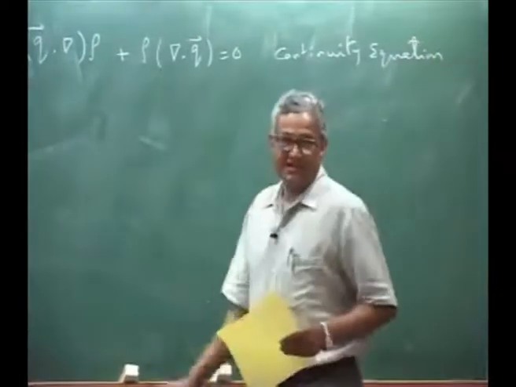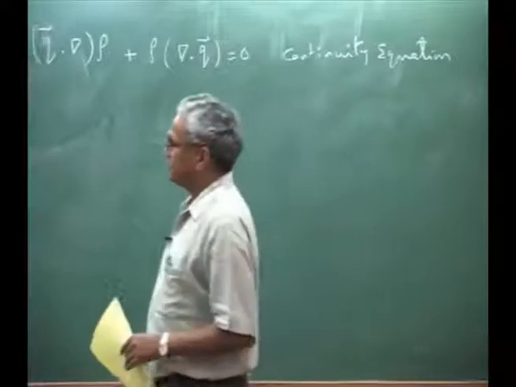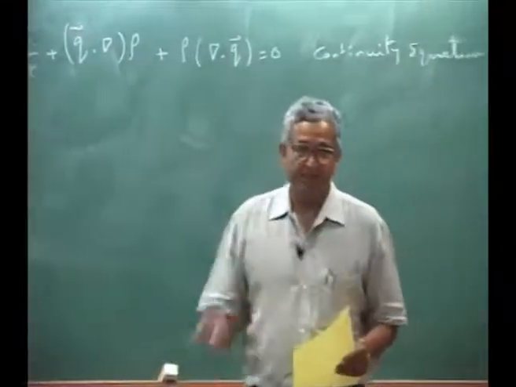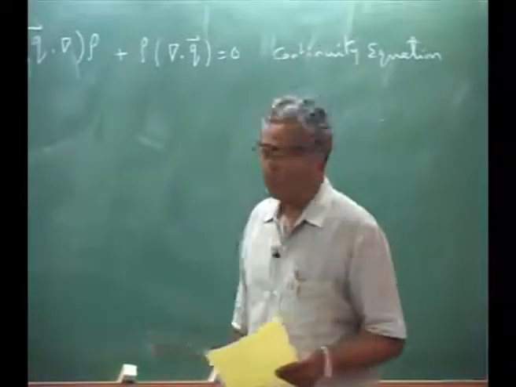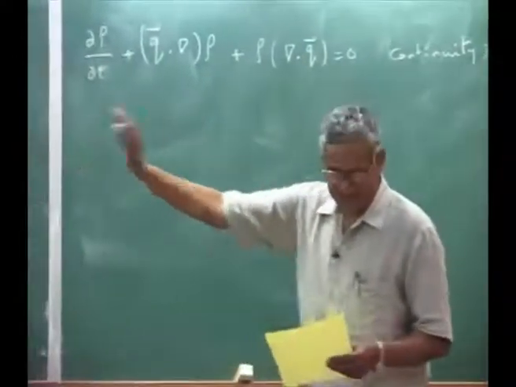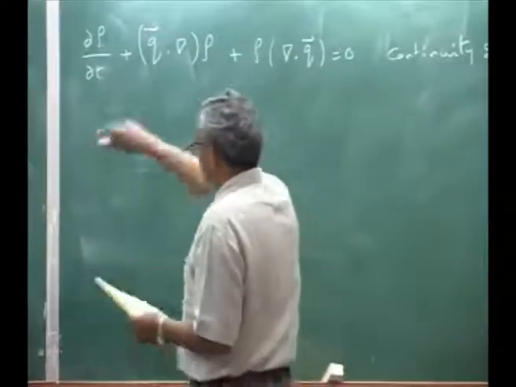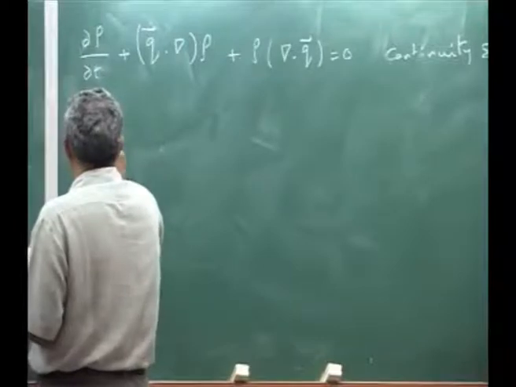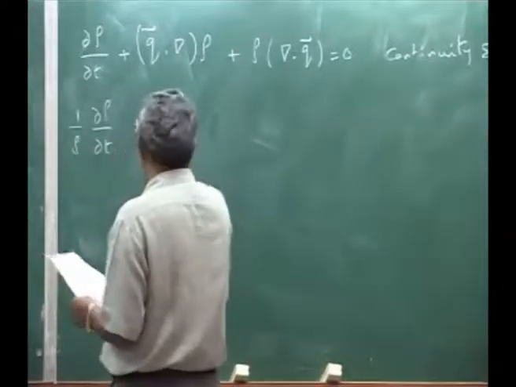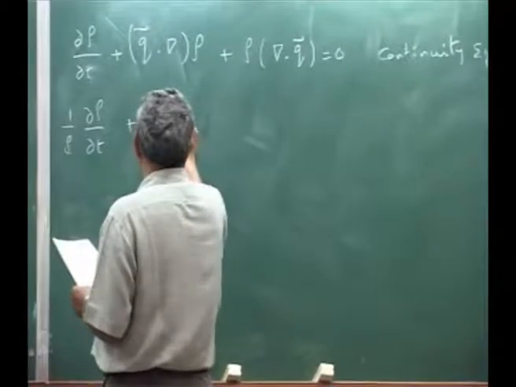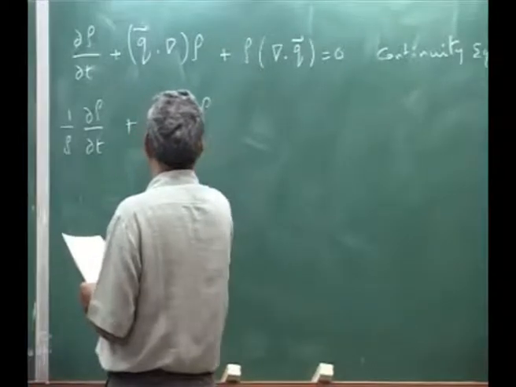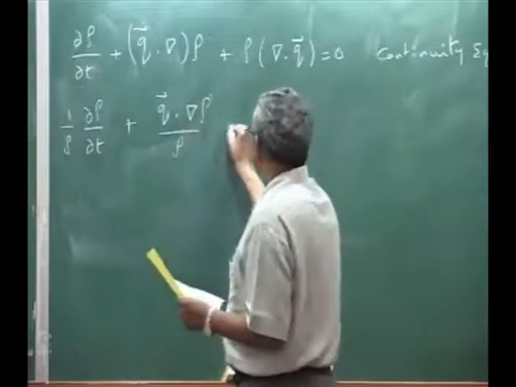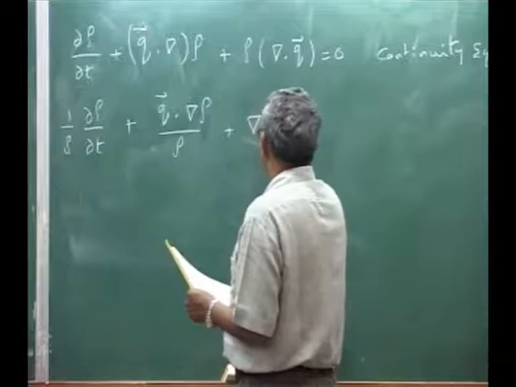Here what I will do is substitute every term in terms of phi, and that is my final equation. But for that I need to have these things. So you divide by rho. This will have 1 over rho delta rho over delta t plus q dot del rho over rho, because this is del rho, plus del dot q.